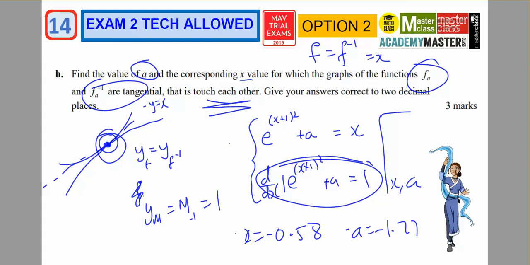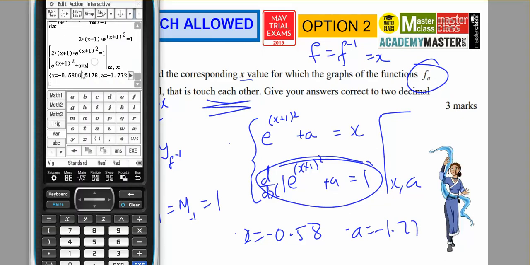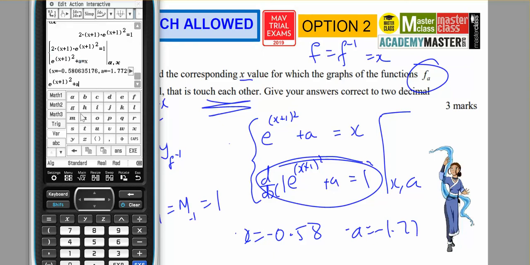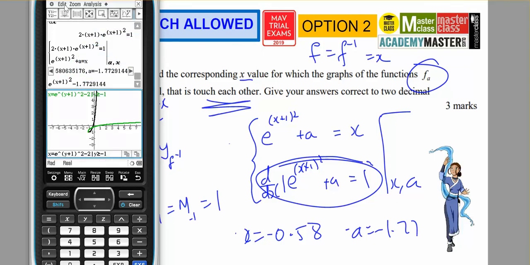So if I was to then graph them, if I take this and I make a equal to negative 1.7, and I get a new graph analysis.